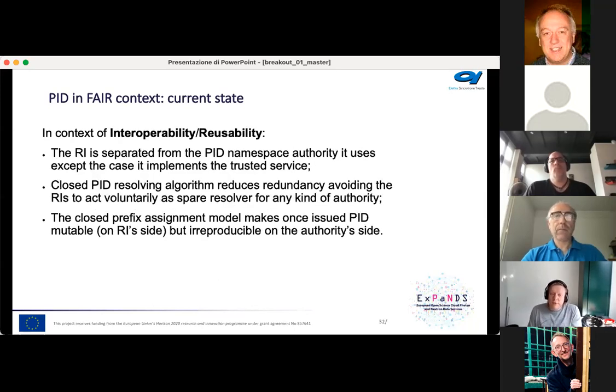In the context of usability, we have only non-redundant PIDs that prevent the client from reusing the current PID to prove that he downloaded the given data and accessed them.